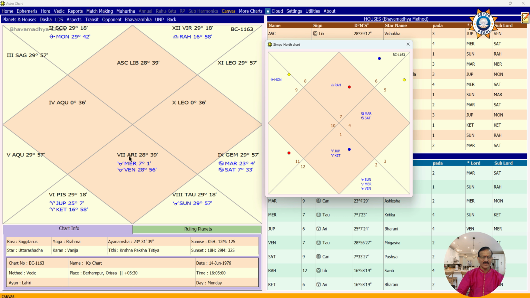They are behind the starting point of the 7th house, Aries 28 degrees, so they came into the 6th house. I hope it is clear to you now why the planets have moved from one house to another when we consider the simple traditional North Indian chart here, and here the Bhavchalita chart.